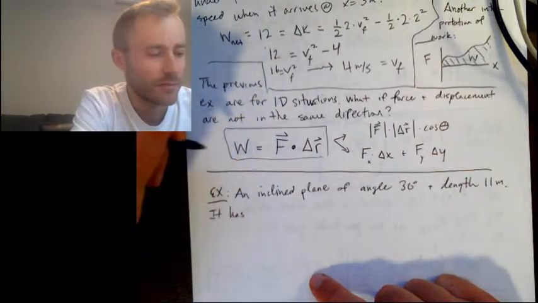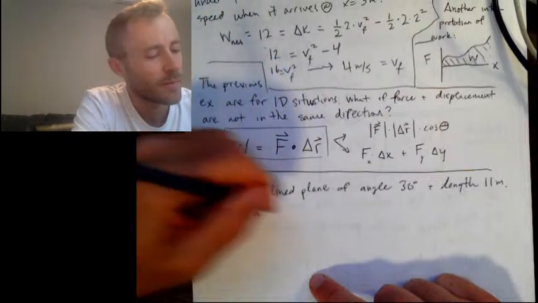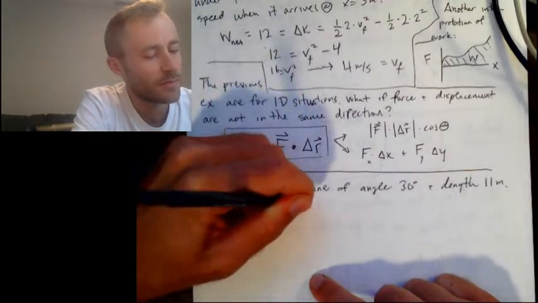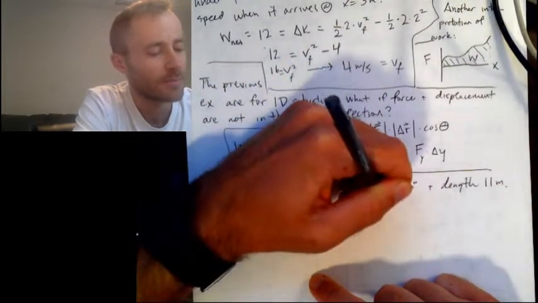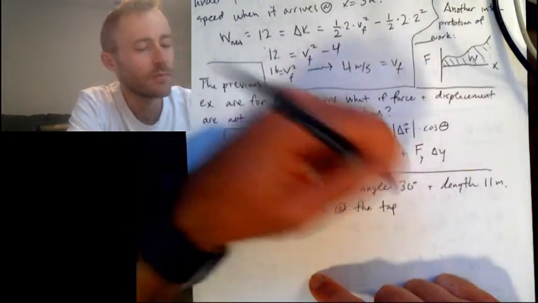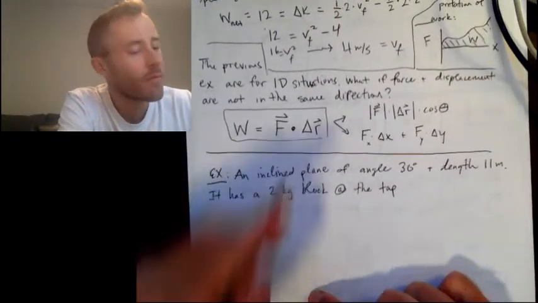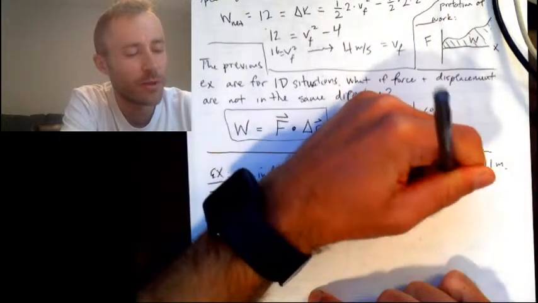It has a 2 kilogram block at the top. The coefficient of kinetic friction is 0.1.